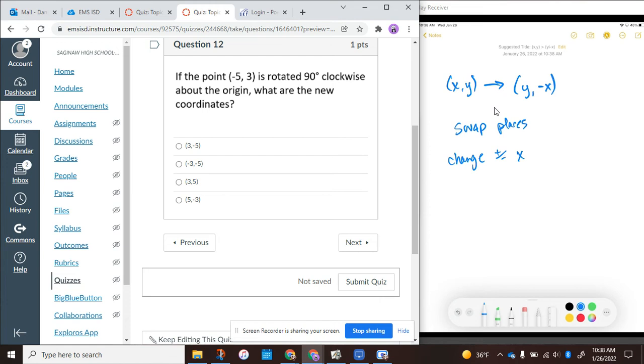Our original x and y is -5, +3. We're going to swap places, and we're going to change the sign of our original x. So our original x was -5. Our new x is going to be +5 right there. When we move it over, it becomes +5. This y value from our original one doesn't change at all. All right, so there we have it. +3, +5.